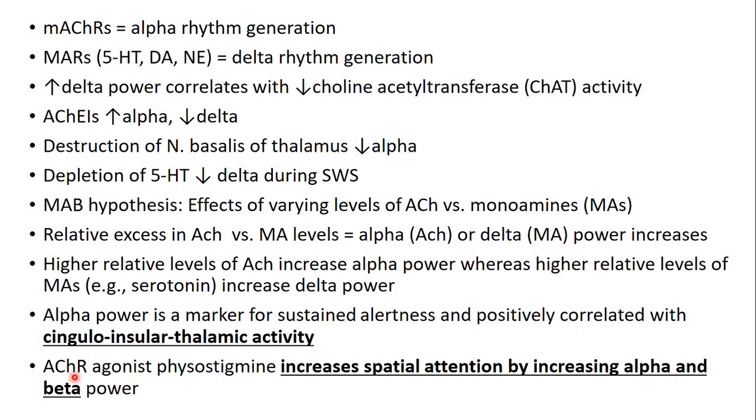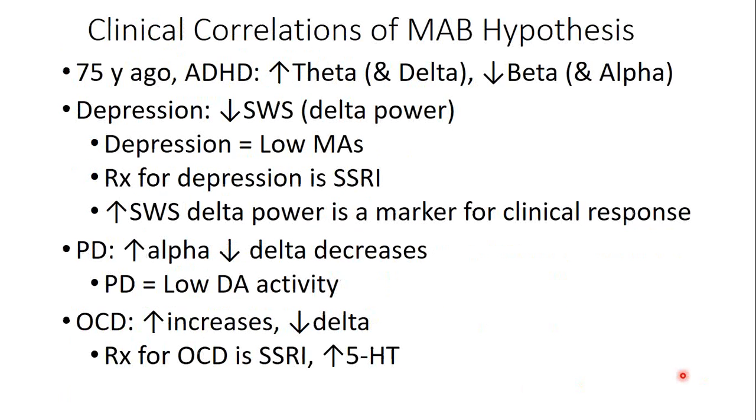And the acetylcholine receptor agonist physostigmine, which happens to be an acetylcholine esterase inhibitor, so it causes acetylcholine to build up and stimulate more acetylcholine receptors, increases spatial attention, and that's accompanied by increasing both alpha and beta power. So again, a lot of this leads to some good ability to correlate this balance clinically.